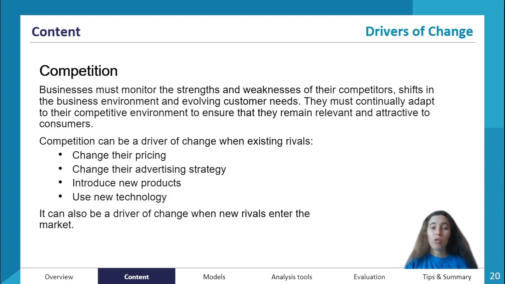Competition is another driver of change. So businesses need to monitor strengths and weaknesses in terms of their competitors and shifts in the business environment and all of the evolving customer needs that we've spoken a little bit about already. And then the business needs to continually adapt to those things as well.